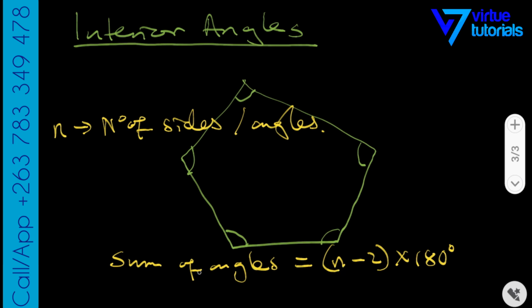So the total that I get after adding up all the angles of a particular polygon depends on the number of sides or the number of angles that it has. Now let's have an example to show the practical use of this theorem.